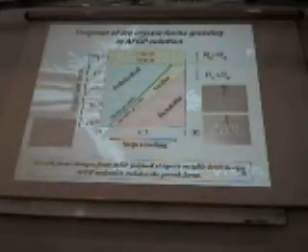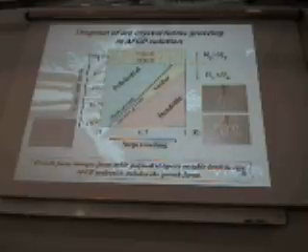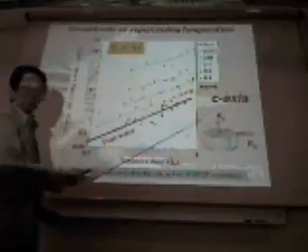And also, we tried to measure the growth rate of the basal plane and the growth rate along the a-axis. So this is the result. This is the growth rate along the a-axis, as a function of supercooling, and the parameter is concentration.